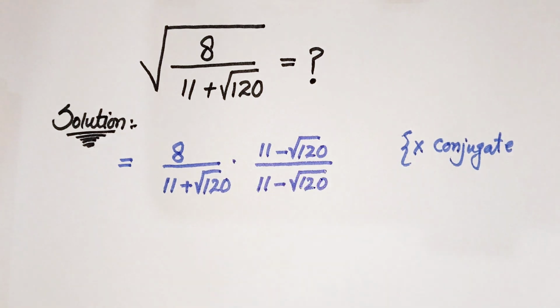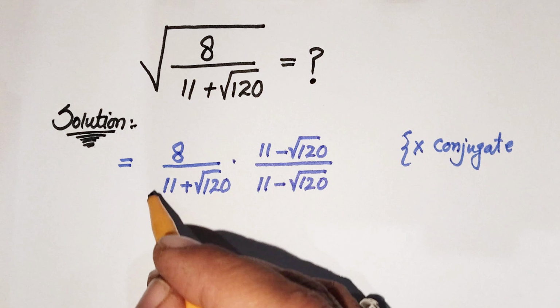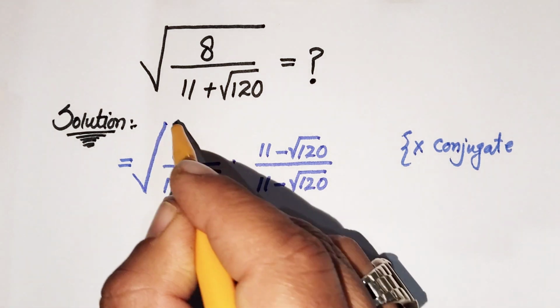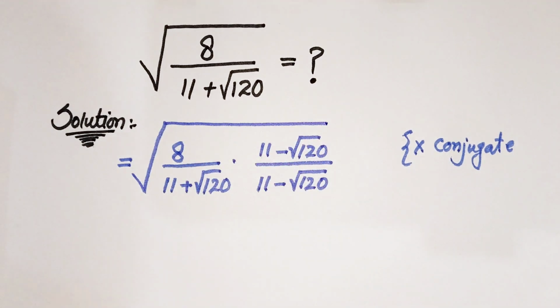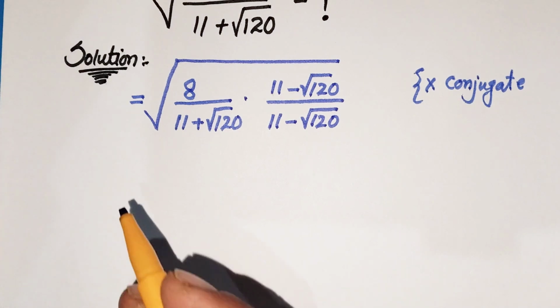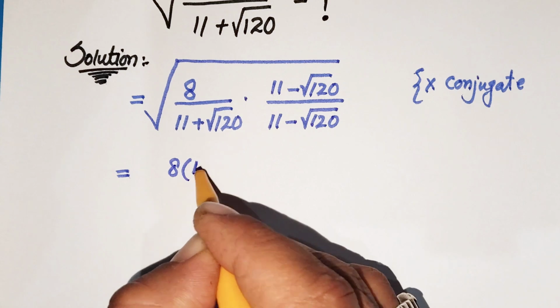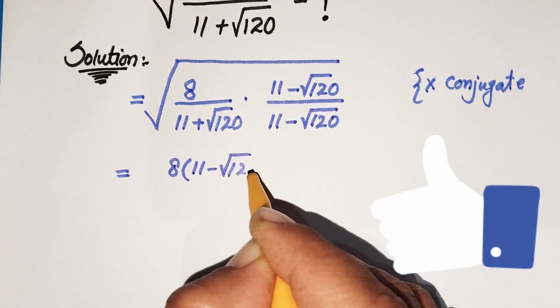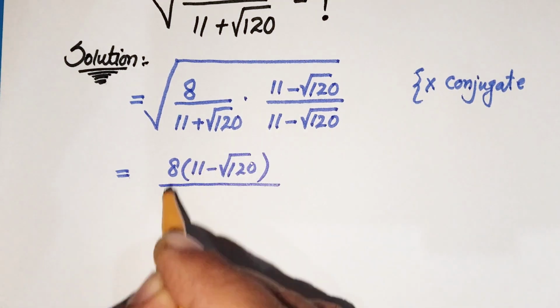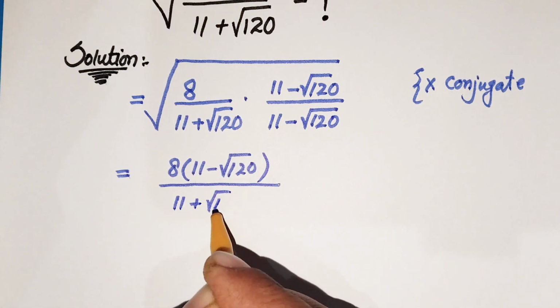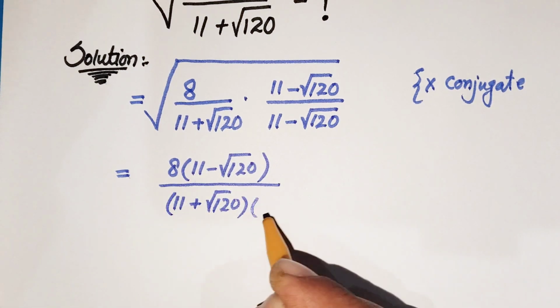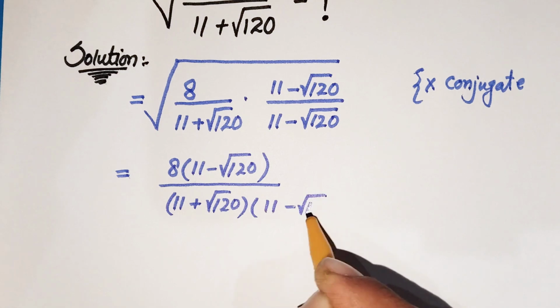So we write 11 minus the square root of 120 all over the square root. Now here we multiply 8 with this 11 minus the square root of 120, and in the denominator we have 11 plus the square root of 120 times 11 minus the square root of 120.